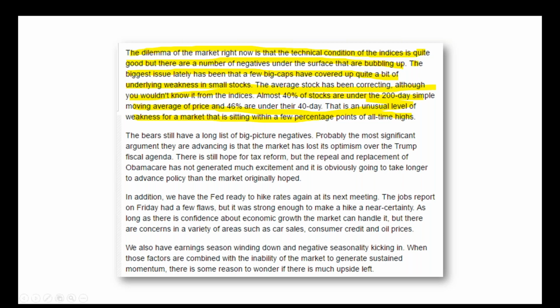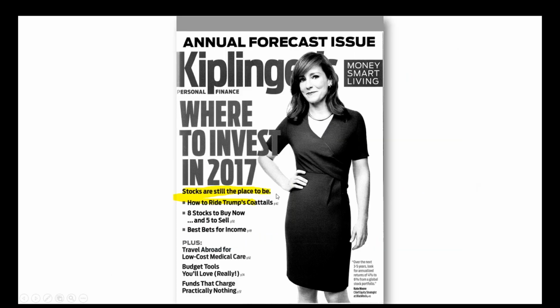Not well. And then as soon as you start seeing magazines saying, "Hey, stocks are the place to be," what do we know? There's the old adage: when the cab driver is giving you stock advice, guess what? Time to get out.